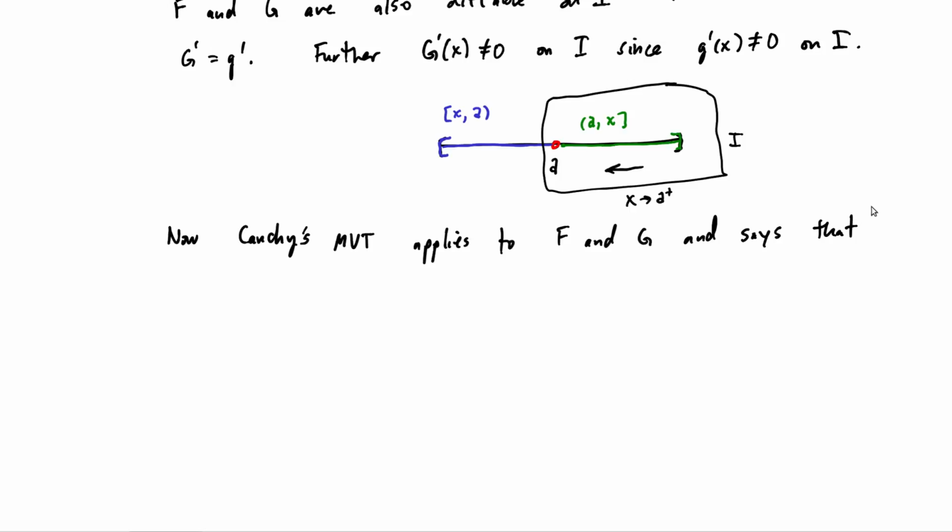Sorry. So it applies to f and g on the right-hand limit, right? Cauchy's mean value theorem applies only on this side and then on this side separately. So we'll have to go back and talk about that in a minute. So it applies to f and g on the interval from a to x.